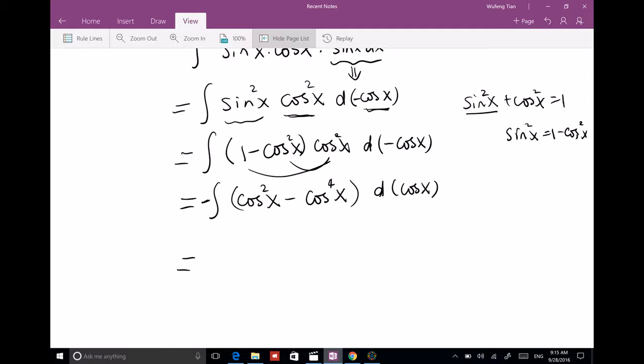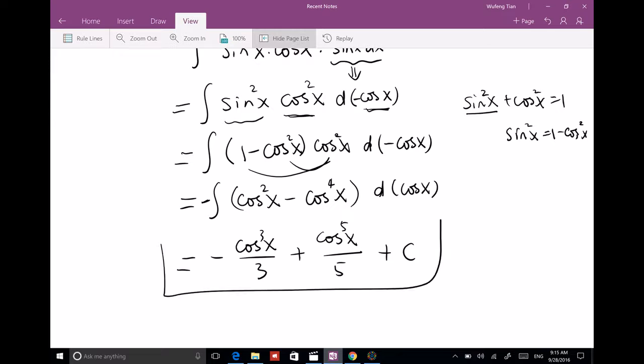Normally, I would just do negative cosine x power 3 over 3 plus cosine x power 5 over 5 plus c. Then we're done here. You can also do u substitution; it really does not change anything.